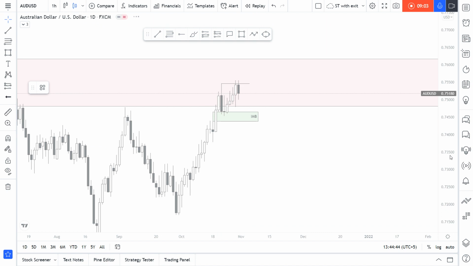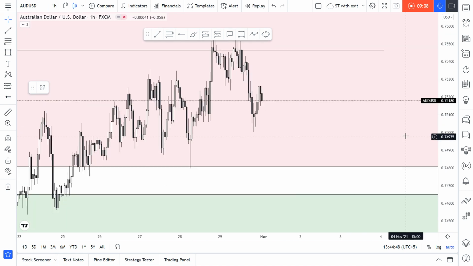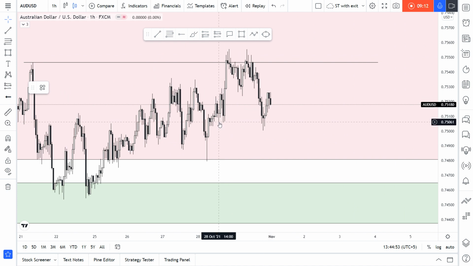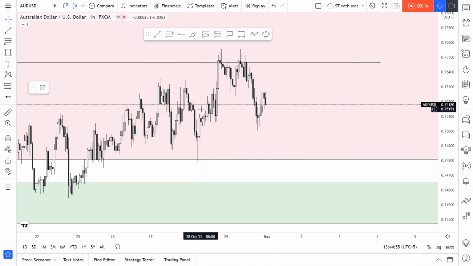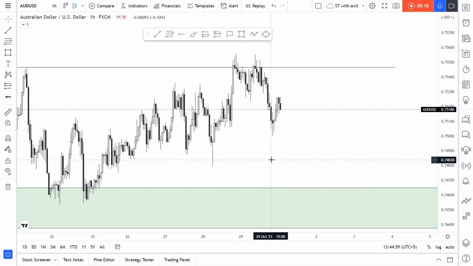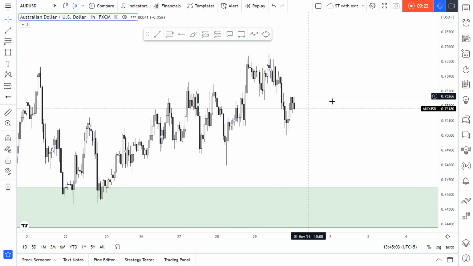Okay, let's look at the hourly time frame, what it can be. We got this on the hourly. On the hourly, we can see that the price is mostly consolidating. It's a very choppy move.